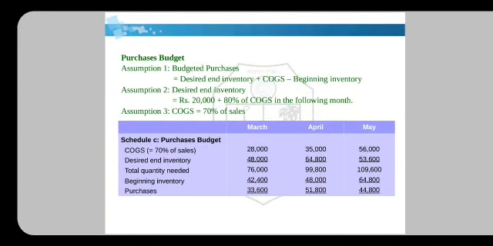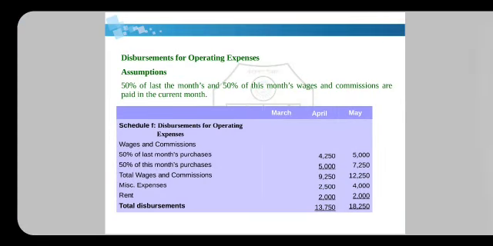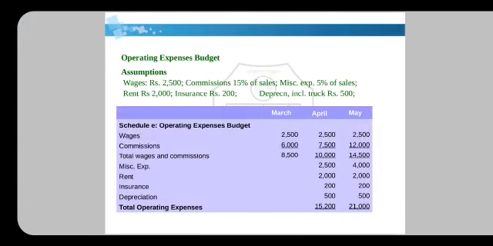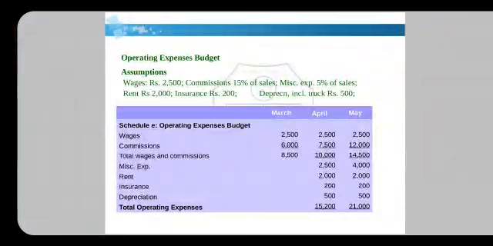So for March, April, May we have all the purchases, and 50% of disbursements during this month and 50% during the next month. So schedule F we have here.